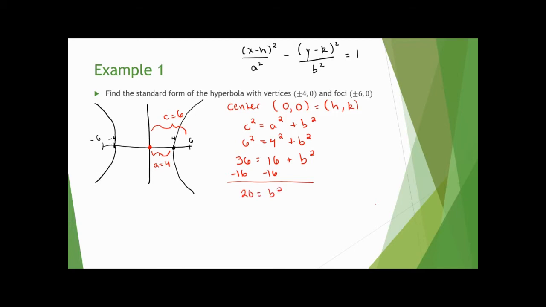Now that I have b squared, and I know a squared, and I have my h and my k, I can give the equation. I can give the standard form. So I'm going to just plug my values into the equation.